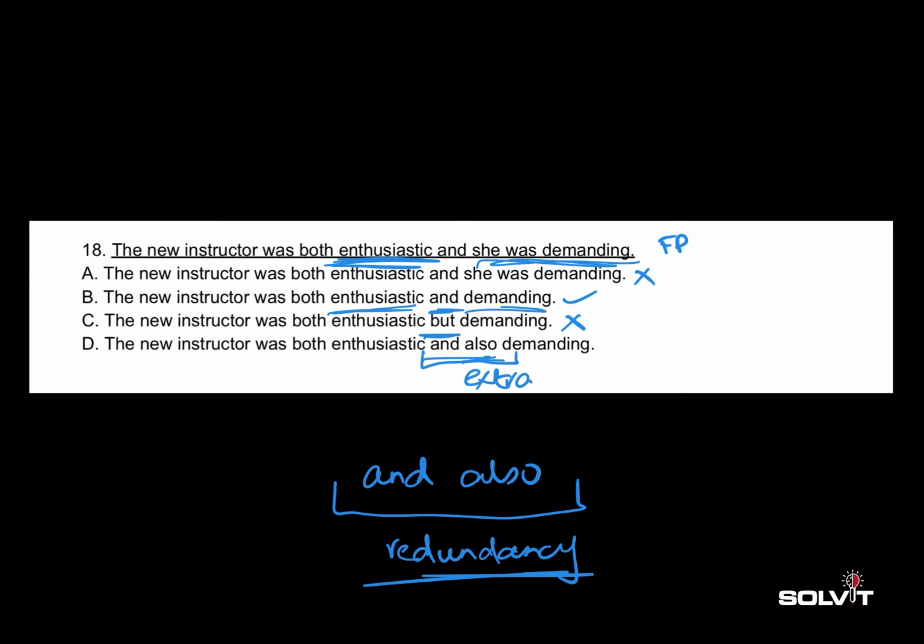So do we need to use both of them together? No, we don't, right? We can use either the first one or the second one. We cannot use both of them together. So that's what's happening over here, enthusiastic and also demanding. Now this is redundant, right? So this is also wrong. So our correct option is B.